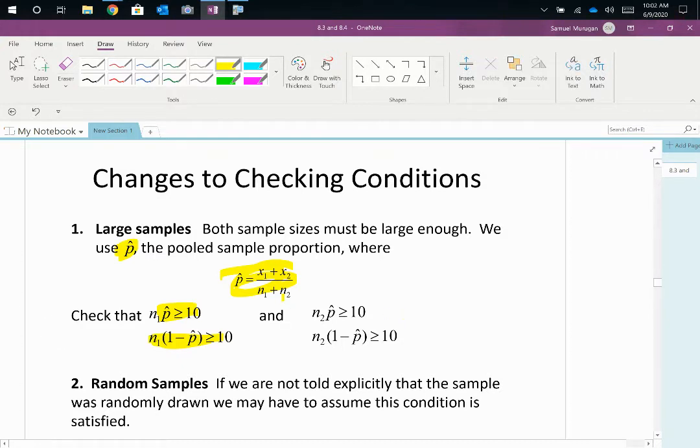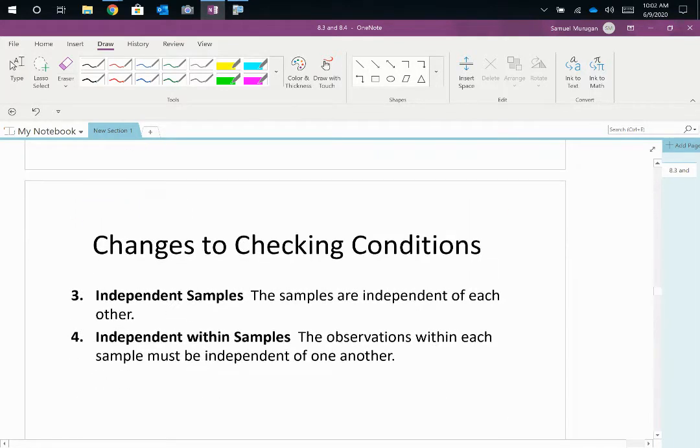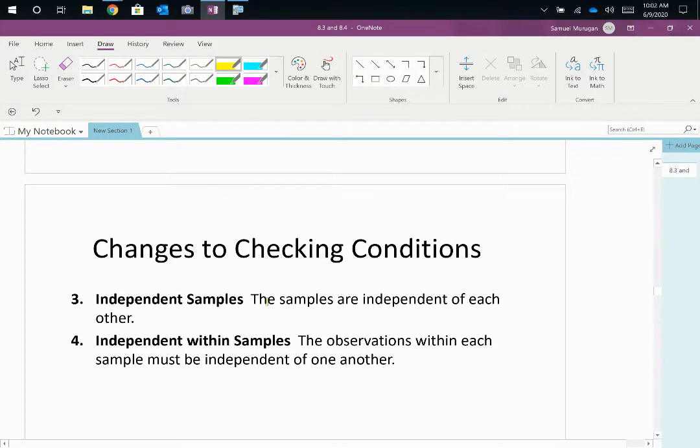Okay, for both. Now, if we're told explicitly that the sample was randomly drawn, we may have to assume this condition is satisfied. Okay. Then independent samples. The samples are independent of each other, and independent within the samples. Observations within each sample must be independent of one another.